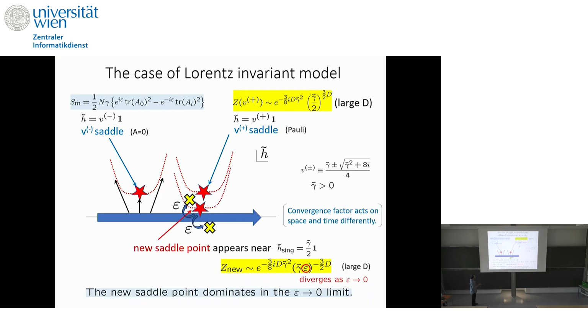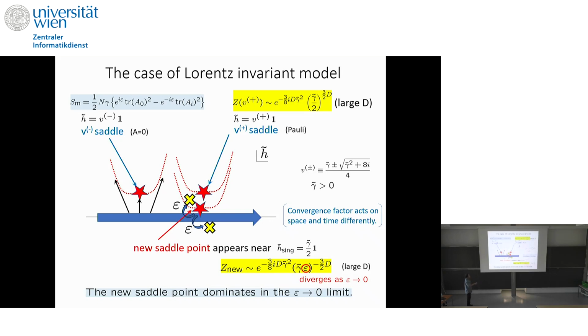Now, then let's consider the Lorentzian case. In that case, we have these opposite convergence factors for temporal and spatial directions, and that's why the original singularity on the real axis will be split into 2. This corresponds to the temporal convergence factor, and this corresponds to the spatial one.